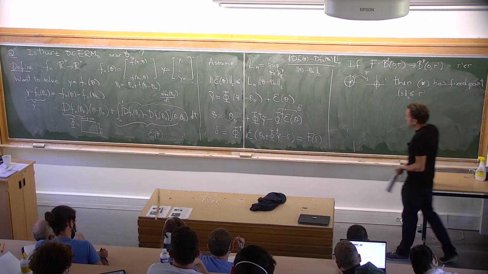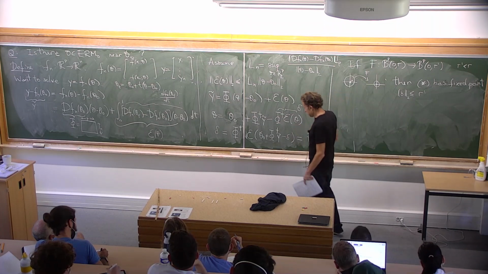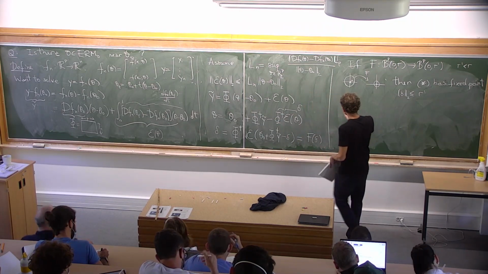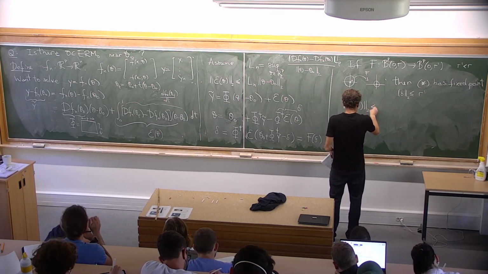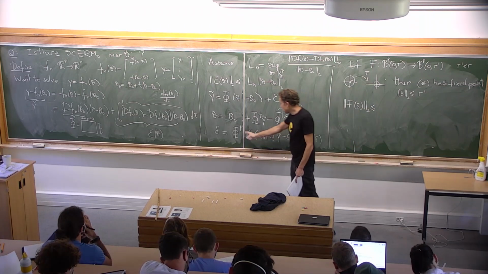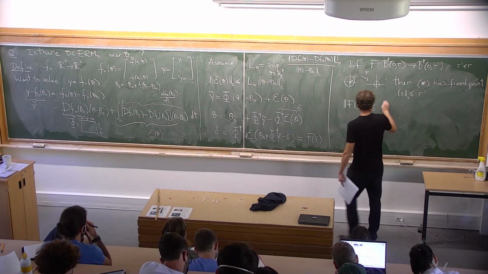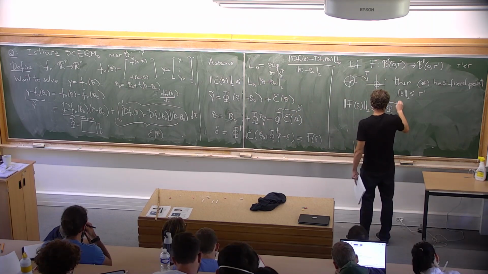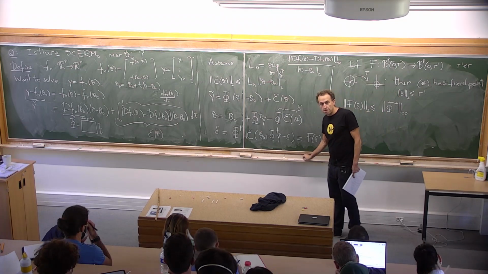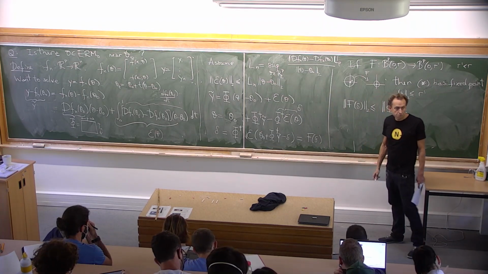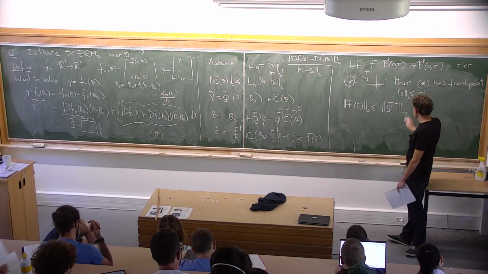Okay, so what I need to do is just bound this norm. So let's do it. This is less or equal then, there will be the operator norm of the pseudo-inverse. The operator norm is the largest singular value, right?